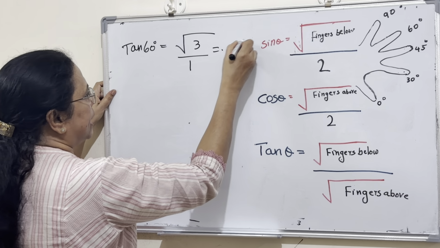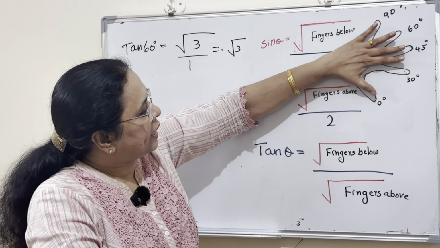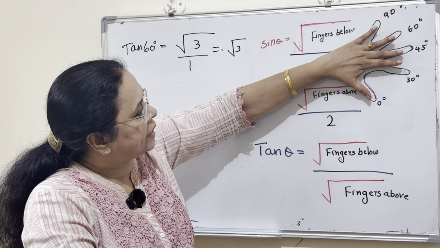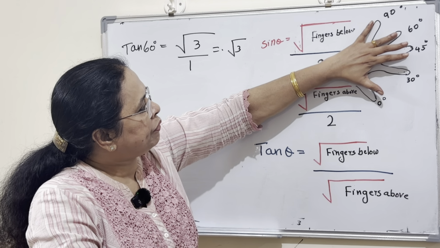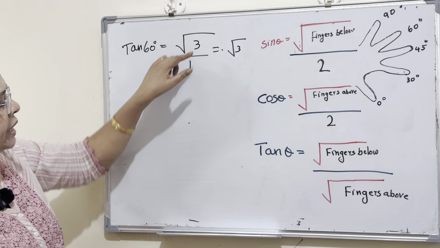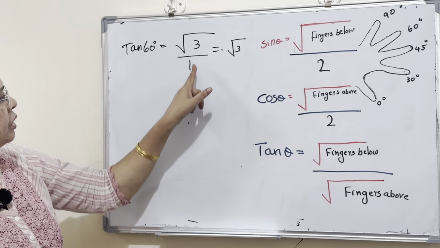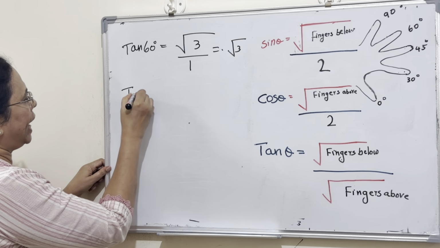So the answer is under root 3. On paper also you can keep your fingers like this on your left hand. For 60 degree, 1 finger above, 3 fingers below. Below fingers you write in the numerator, above fingers you write in the denominator. So root 3.